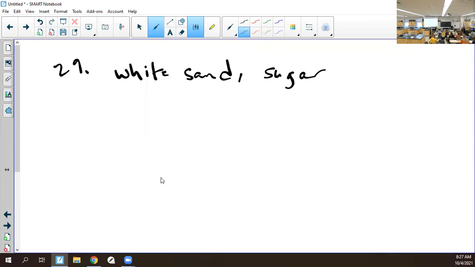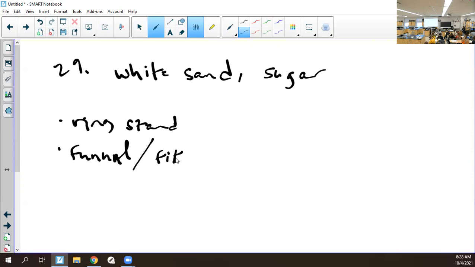What was the apparatus that we used in the lab? We used a ring stand. What else did we use? Funnel thing. Are you talking the funnel or the funnel lined with the paper? Both. So funnel and filter. What's another piece of equipment that we used?